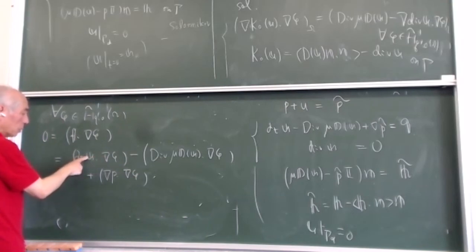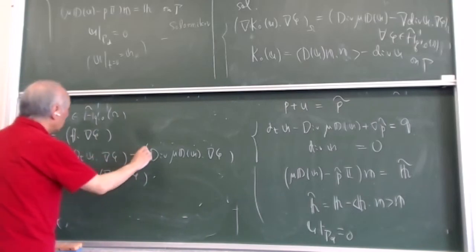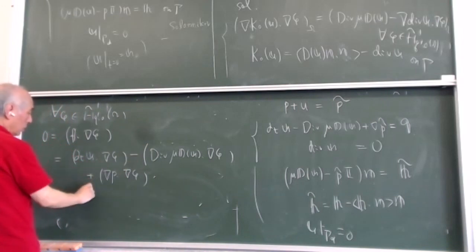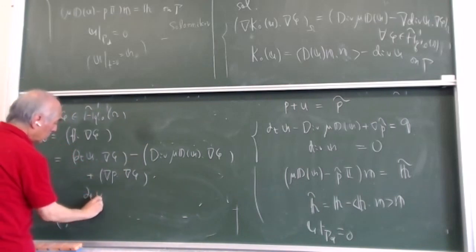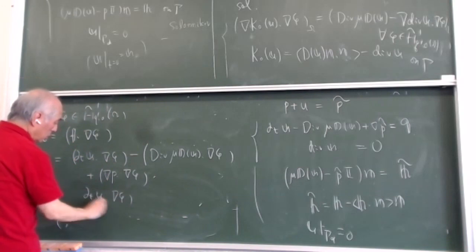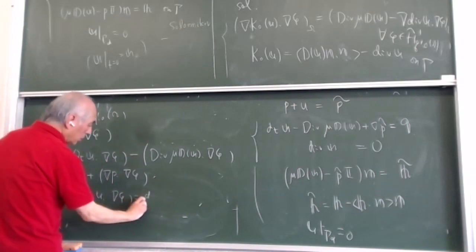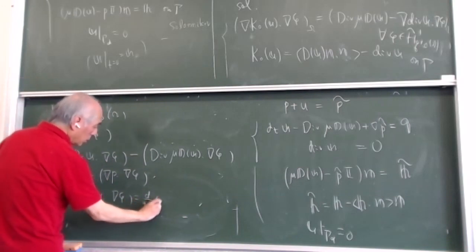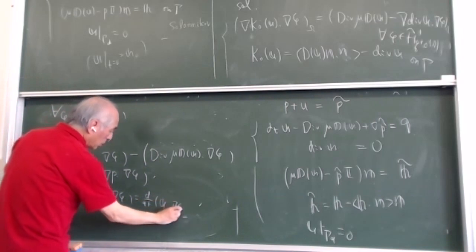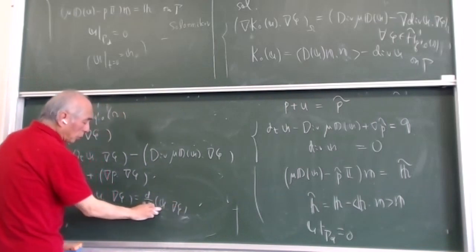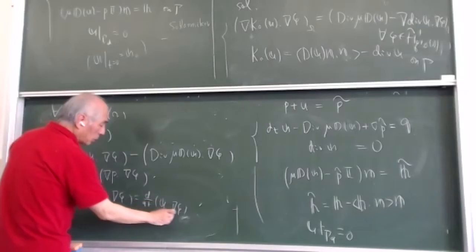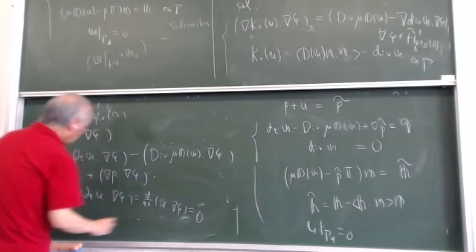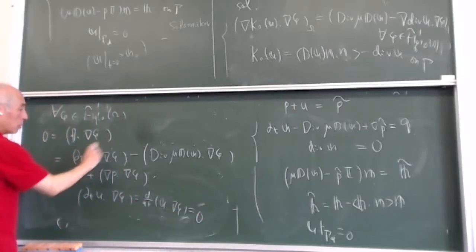Divergence u equals 0. So this part is 0.